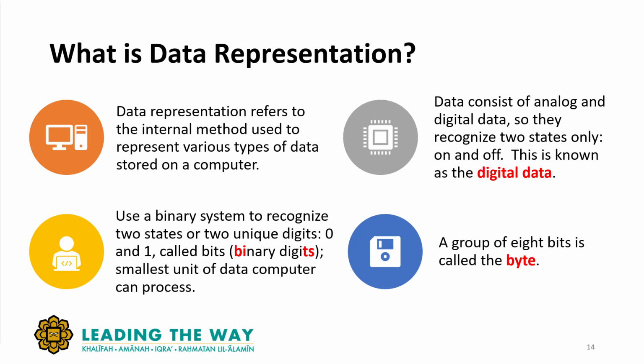So all information in a computer, such as words, pictures, movies, and sound, is stored and transmitted as sequences of bits or binary digits. In simple words, data representation refers to the form in which data is stored, processed, and transmitted in our devices.